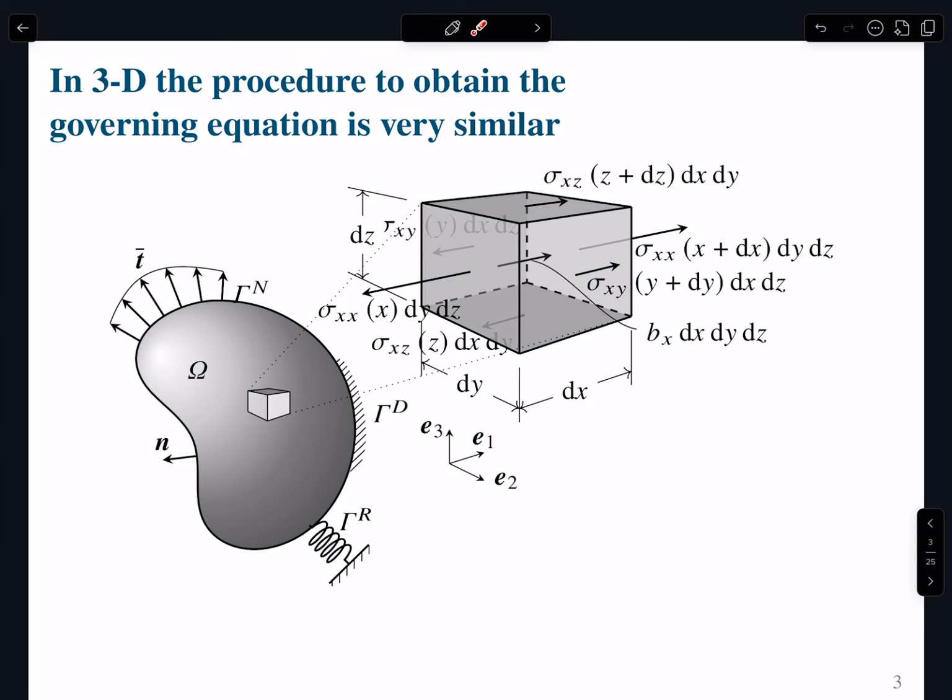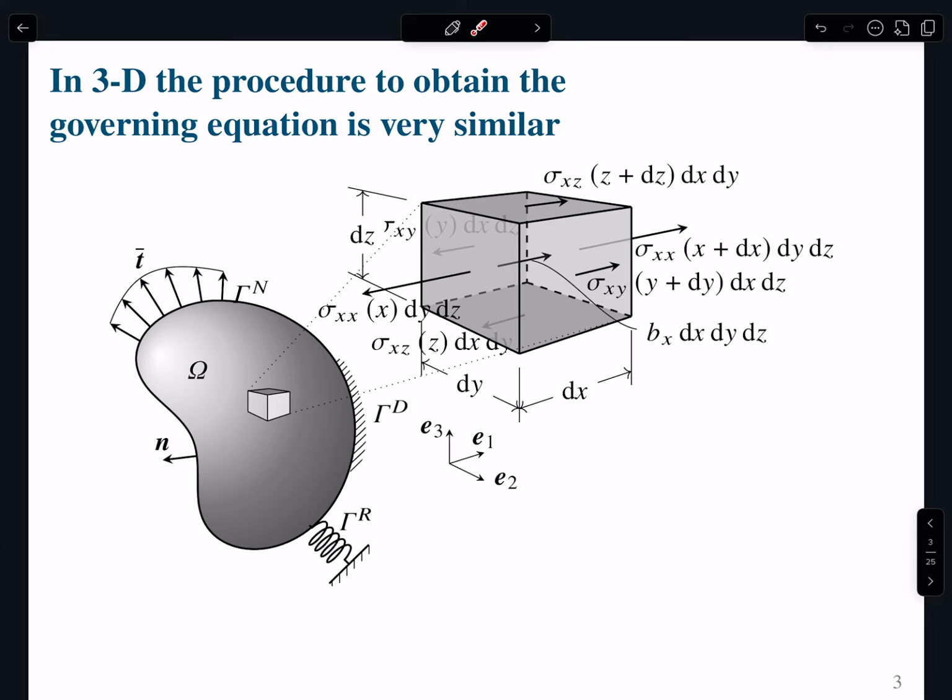I'm denoting sigma xx as the component of the stress tensor that is perpendicular to this y-z plane, and that is also pointing in the x direction. To get that force, I multiply the stress by the area, and for that infinitesimal area, I'm looking at this portion of the infinitesimal domain.